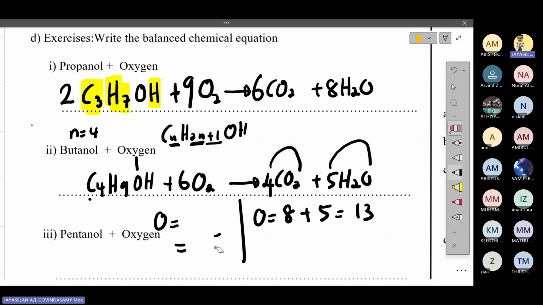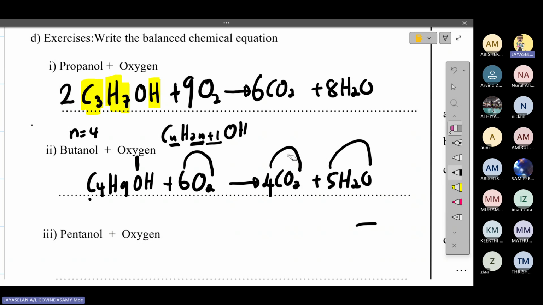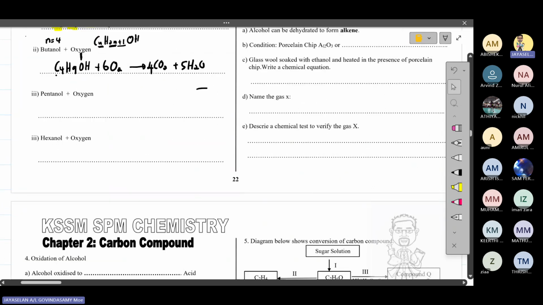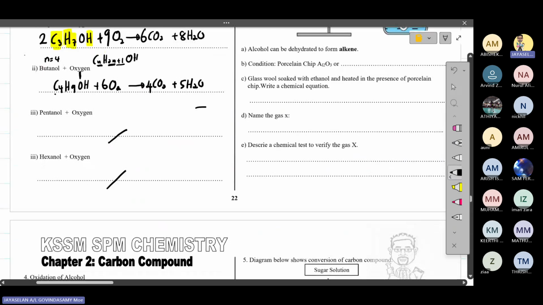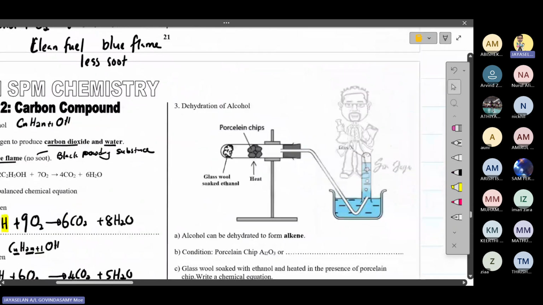Now you calculate again. Here got 1, so I put 1. Here got 6, times 2, 12. Total 13. Who got this answer? Any question? So the combustion of alcohol is finished. Now we go for D. D you do as exercise. Now we go for dehydration.